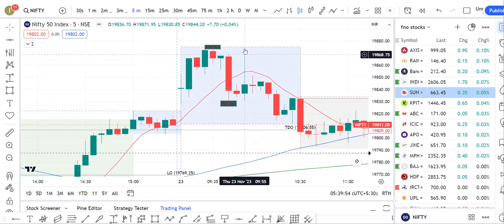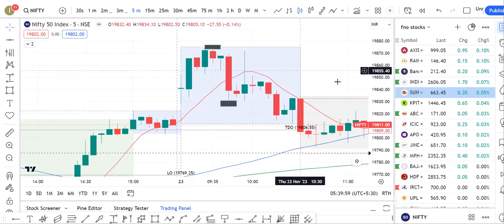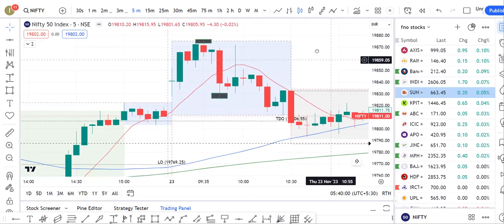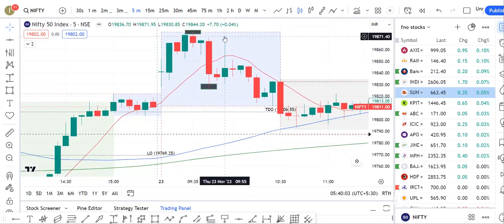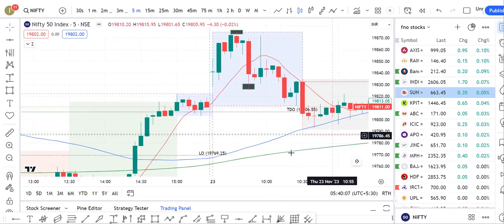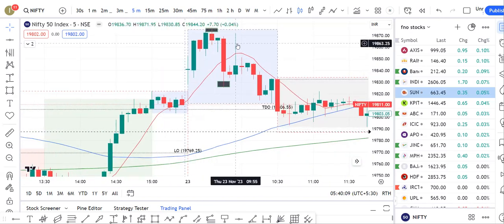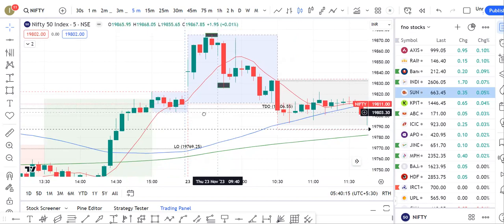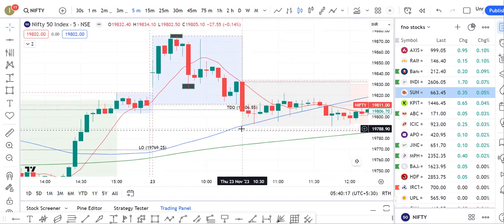Even though it is not crossing the low, because of the time factor it went to 85. If you would have taken it in this time frame, you can see it continuously going down, and it ended in the manipulation time frame.